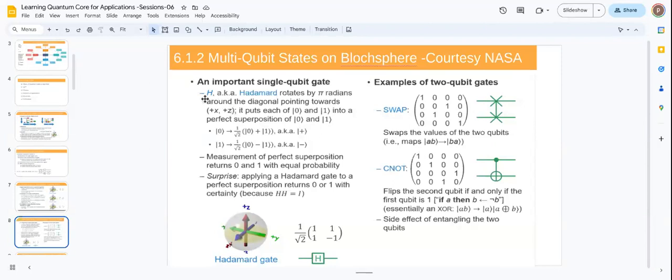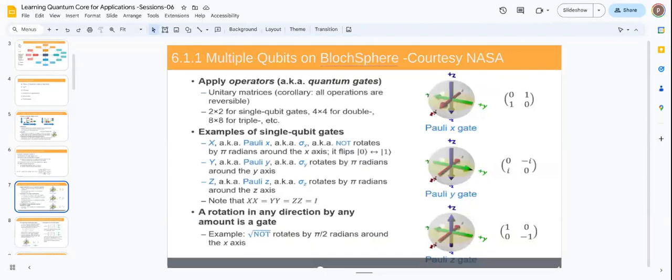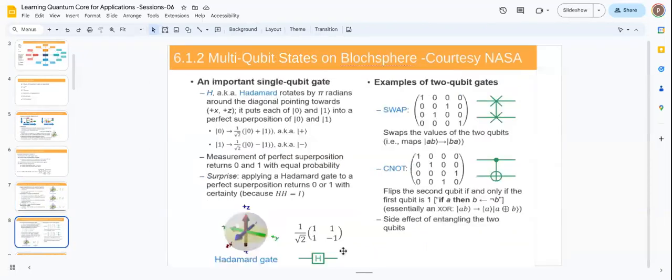This is the most important gate of all the gates because it enables superposition. So if you have ket 0 and ket 1, and you apply a Hadamard gate, there is a matrix for Hadamard which is here: 1, 1, 1, minus 1, with 1 by root 2 for normalization.